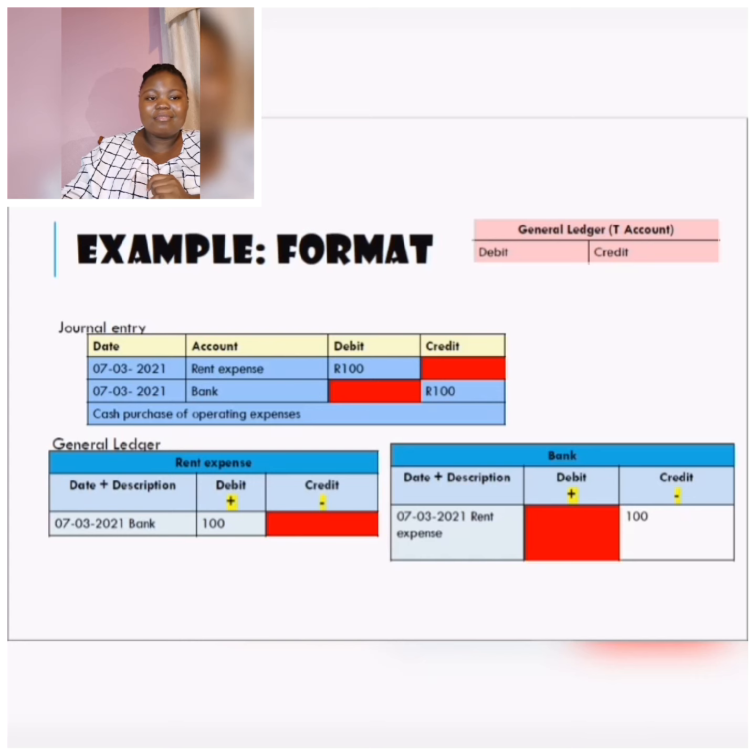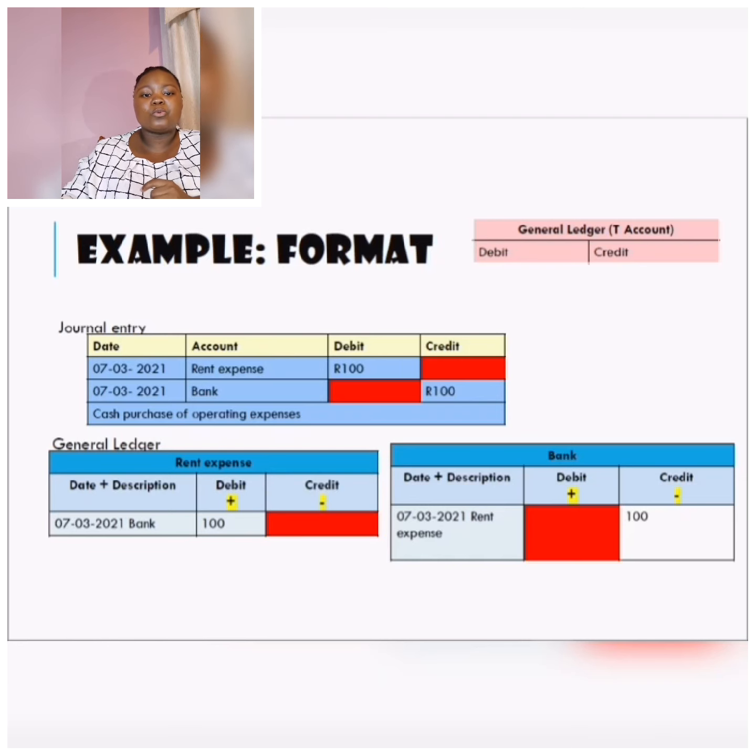So the format, what this really means: I just randomly put rent expense to show you how you record your cash purchases on your journal entry and how it looks.